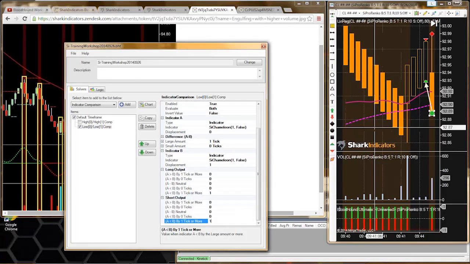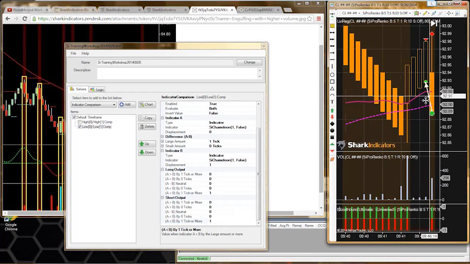And so now, as we look at our chart, we can see, right here, this bar is marked, and we can see that as the lows get lower, we're getting an output from that solver as the lows get lower.